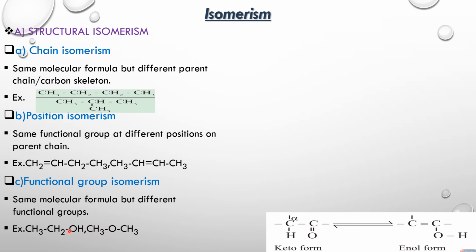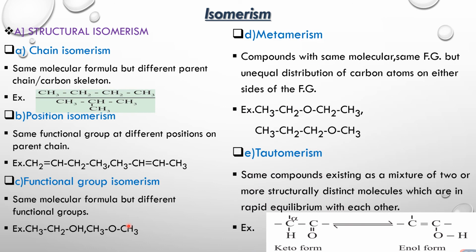The molecular formula will be the same, C2H6O, but the functional groups are different. The first molecule is an alcoholic compound, so alcohol, ethanol, and this is an ether compound, dimethyl ether or methoxymethane is the name of this ether. So different functional groups are present in both of these compounds, so they are called functional group isomers, and the phenomenon is called functional group isomerism.